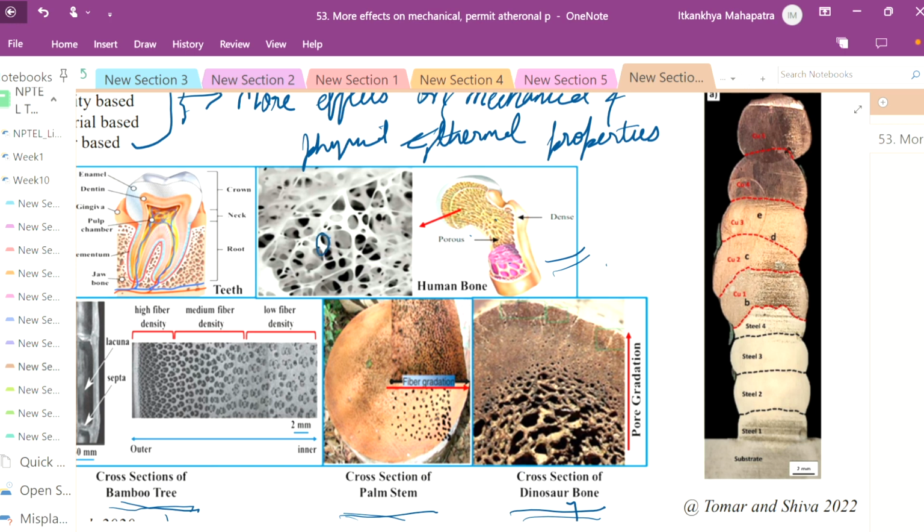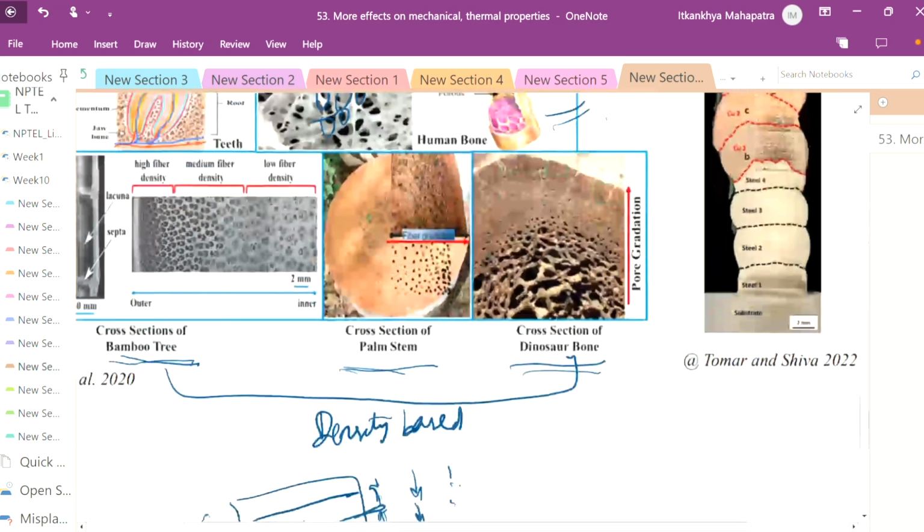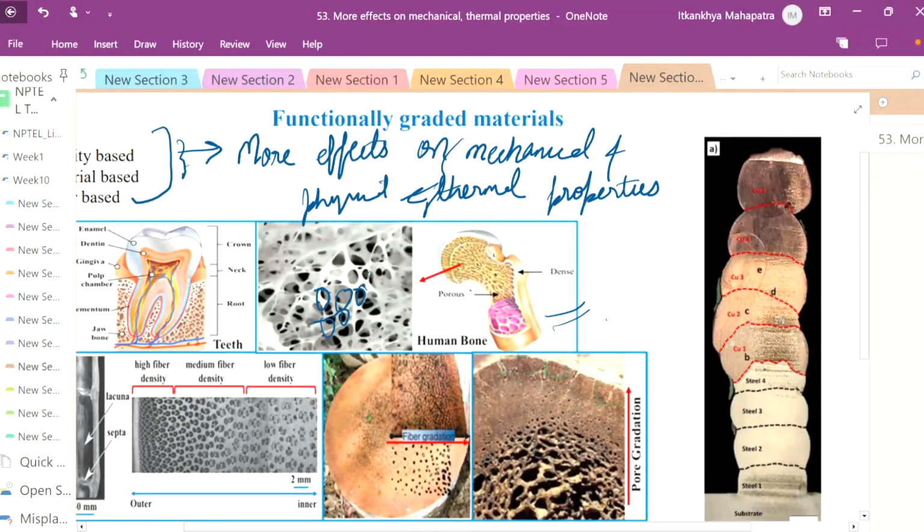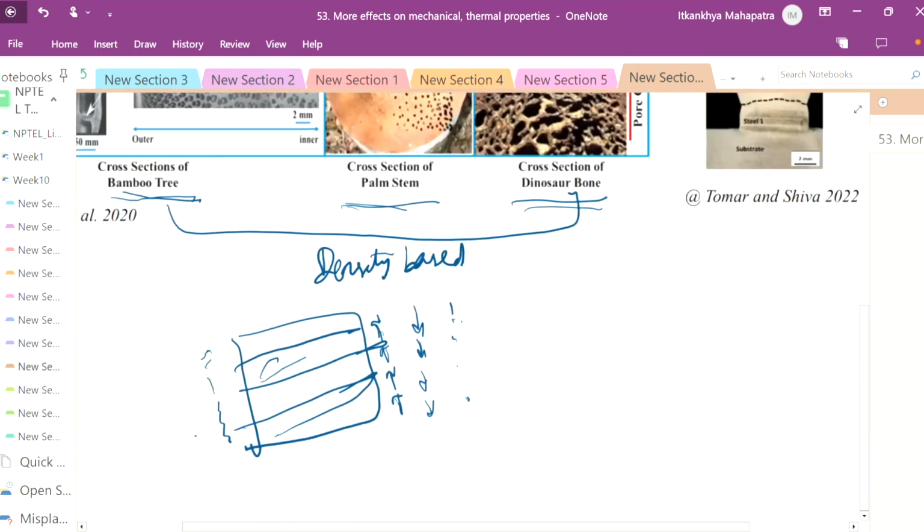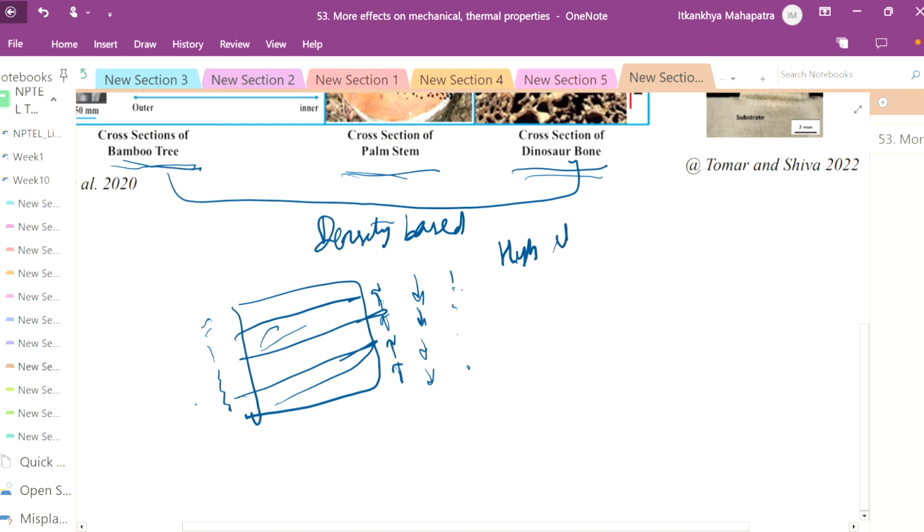Here also you can see the pore size varies. So you can have more porosity as I was saying, the density values vary. That is functional grading. Some parts are completely solid. Some are 90% porous, 80% porous, some are 70% porous. So this has a high stiffness to weight ratio.